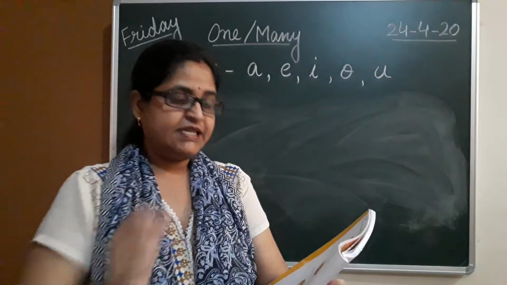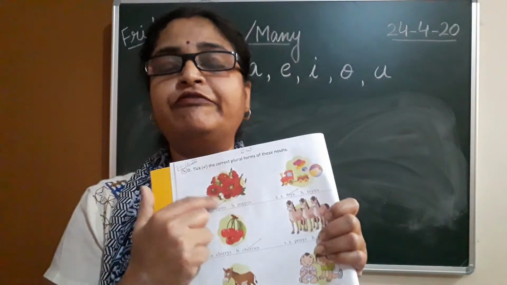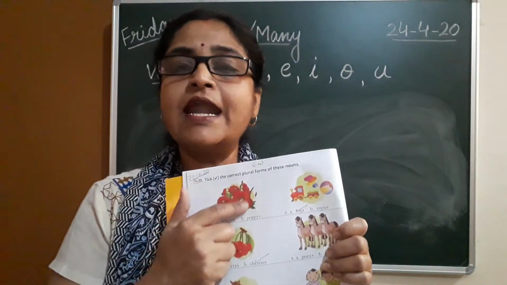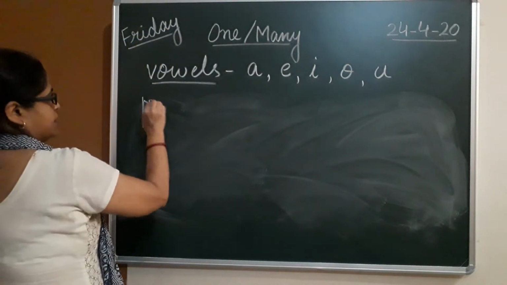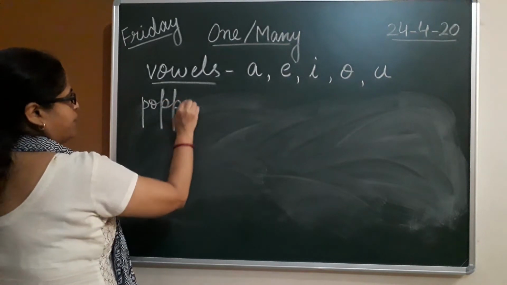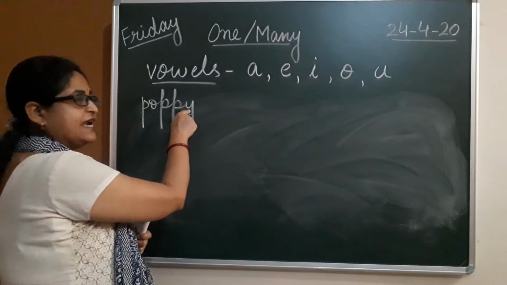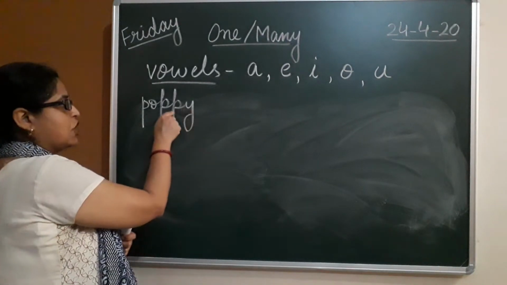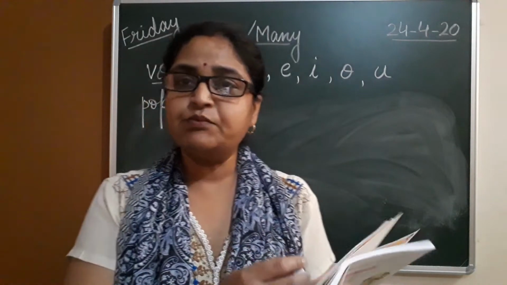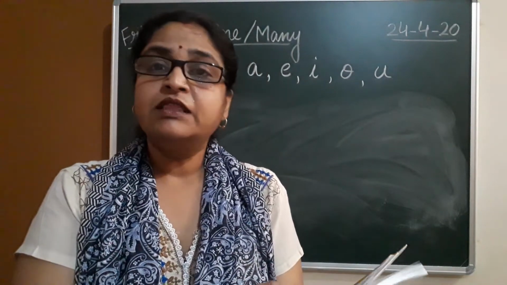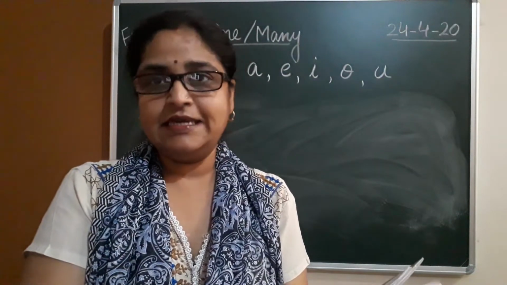See the first one. The first one is a picture of a flower. It is called poppy. Now the spelling is poppy. You can see children that the word is ending with Y, but there is a consonant before Y. So the correct plural of this word will be the first one, poppies, P-O-P-P-I-E-S.